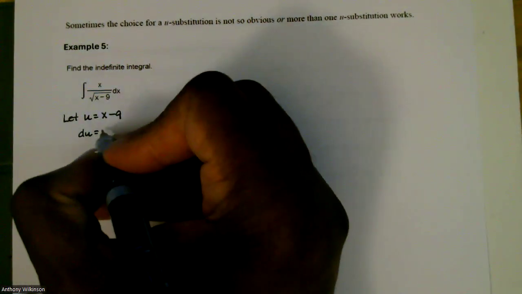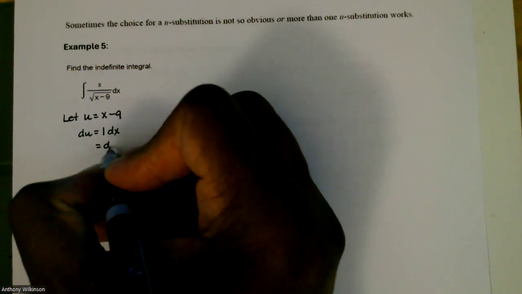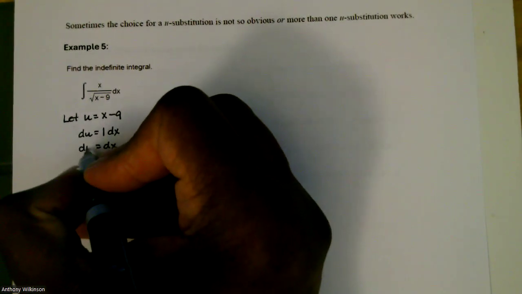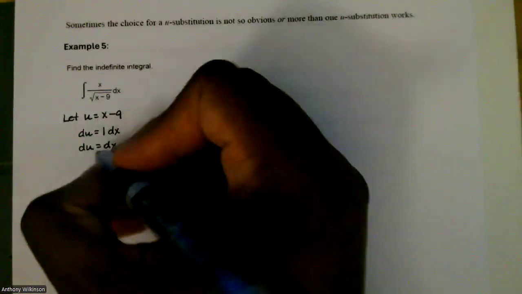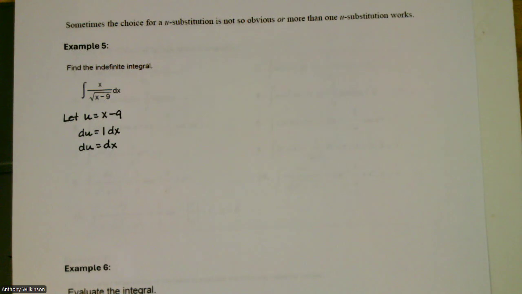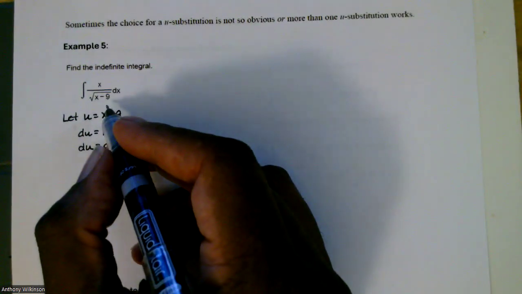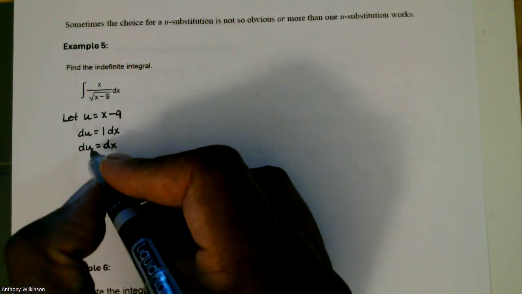Then du will be equal to, well, the derivative of x is 1, so it'll be 1 dx. Or I can just say du will be equal to just dx. And the derivative of minus 9 is 0, by the way. Well, I know I can replace the x minus 9 with the u, and the dx can be replaced with du.